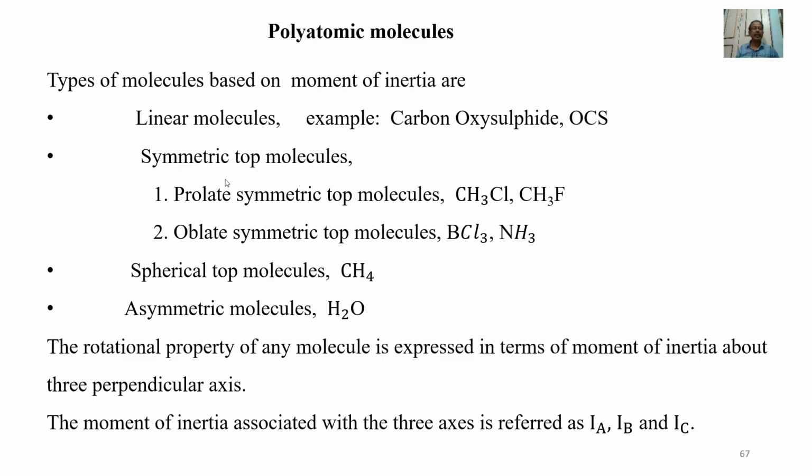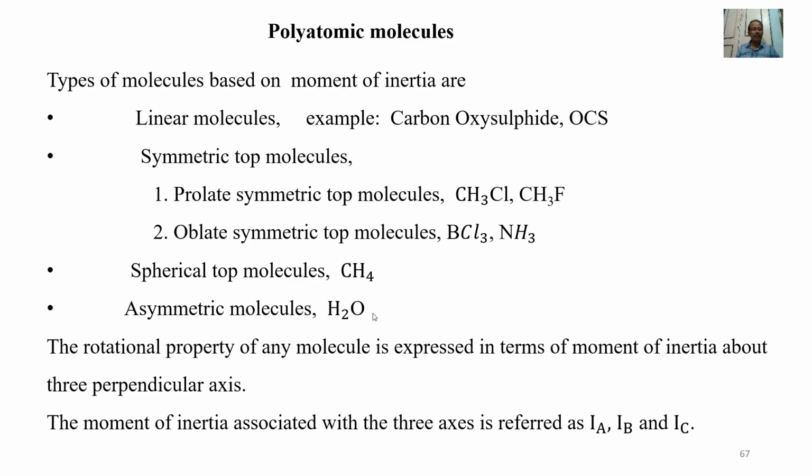Symmetric top molecules, we have 2 kinds. Prolate symmetric top molecules, examples are CH3Cl, CH3F, methyl chloride. Oblate symmetric top molecules are boron chloride, ammonia. Spherical top molecules, methane. Asymmetric molecules, the examples are water and phenyl.